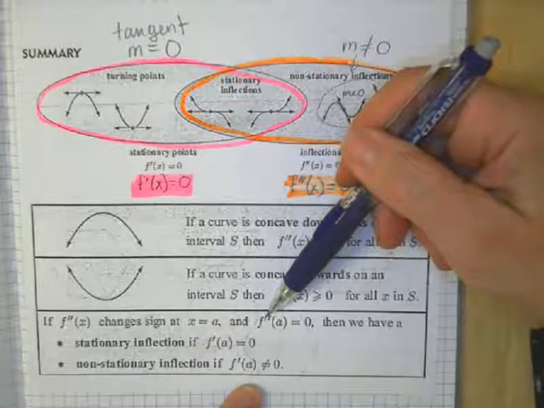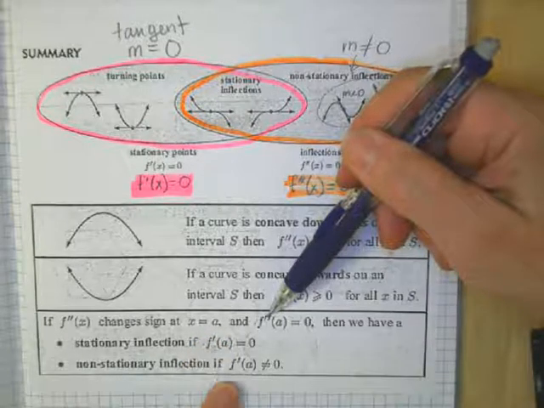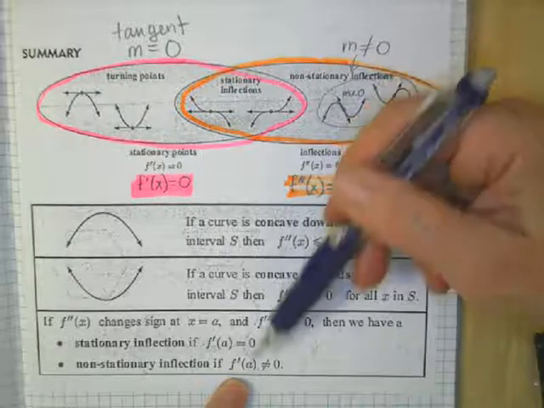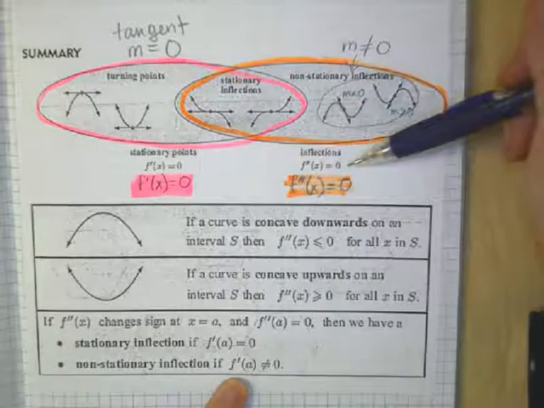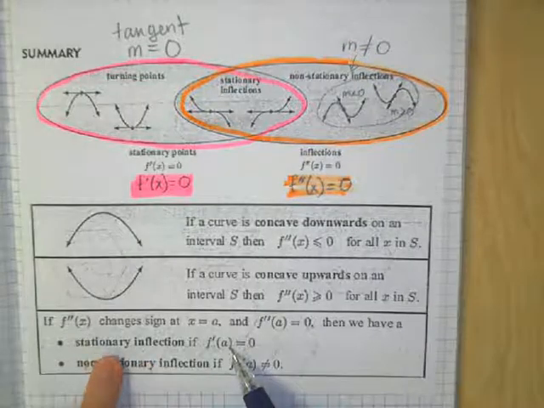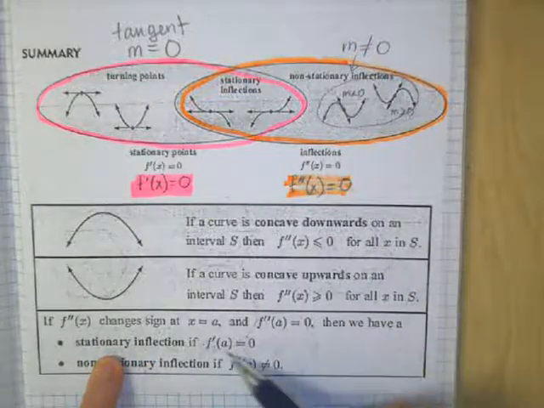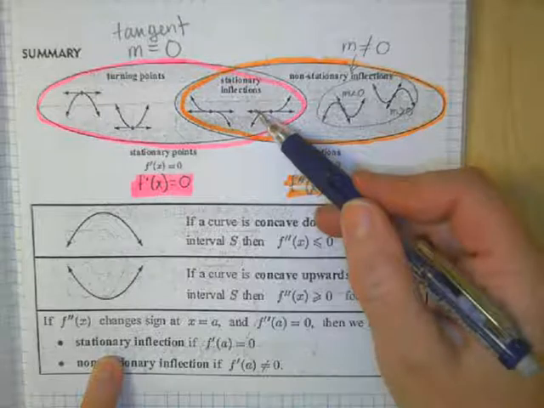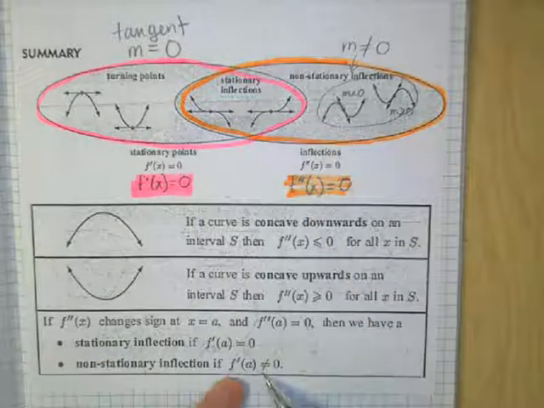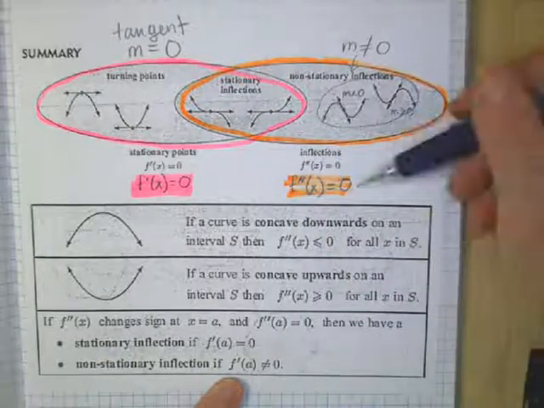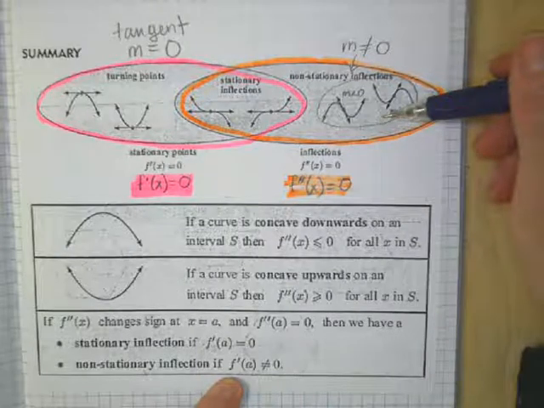Then we have an inflection point at a, stationary or non-stationary. Okay, I think that summarizes what I set up here. For a stationary inflection, the first derivative has to equal 0, and the second derivative equals 0. For a non-stationary inflection, the second derivative equals 0, but the first derivative does not equal 0.